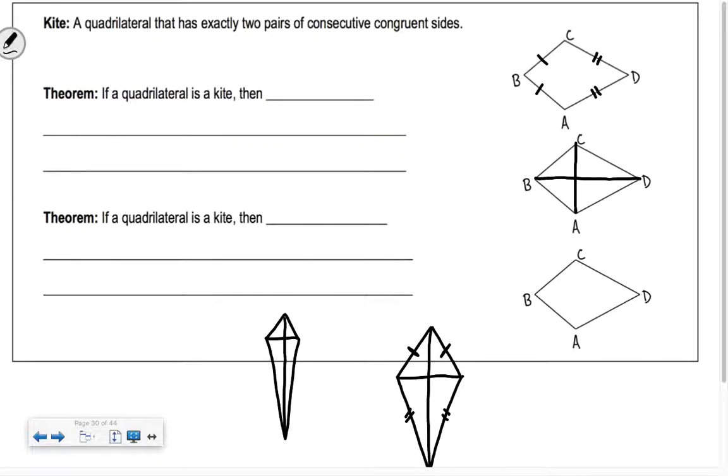The diagonals are not congruent, they're perpendicular. Do you see that? They make 90 degrees. So if a quadrilateral is a kite, then its diagonals are perpendicular. You could also abbreviate that with the upside down T.